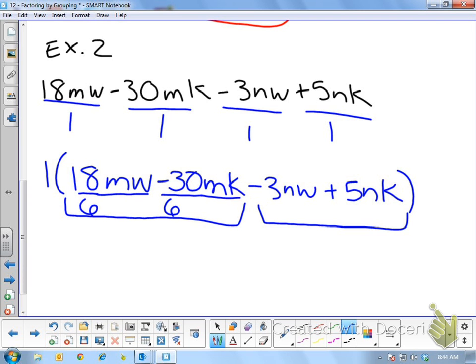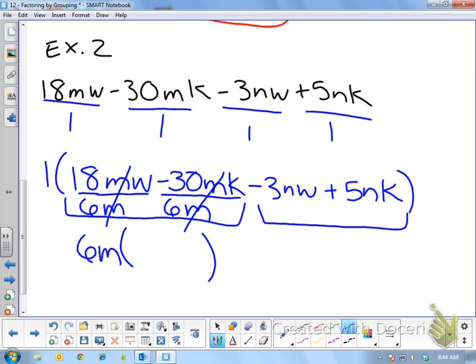What variables do they have that are the same? M. So we're going to use 6M. And in this case, we have an M over M in both of those, so they both cancel. The M's are going to go away, except we take these, what we're dividing by, put it out front of one set of parentheses.